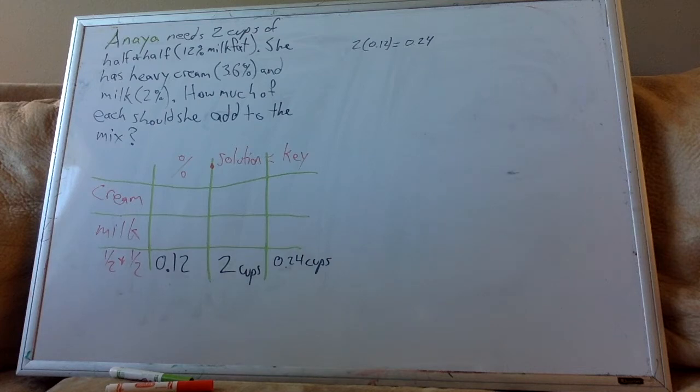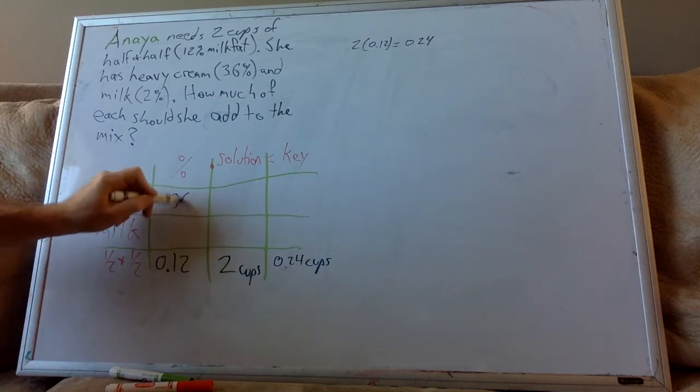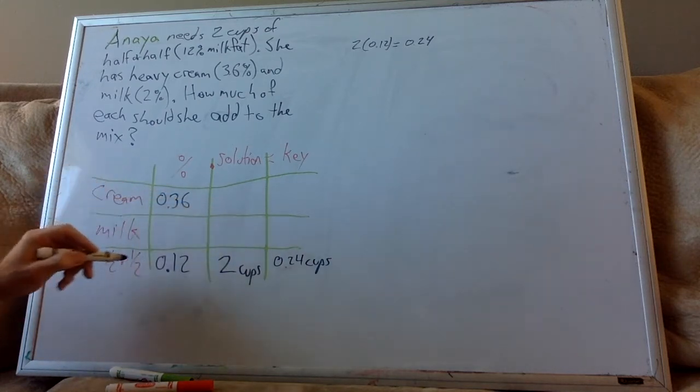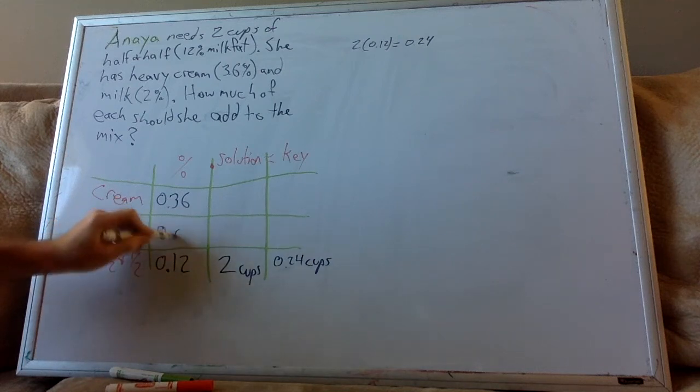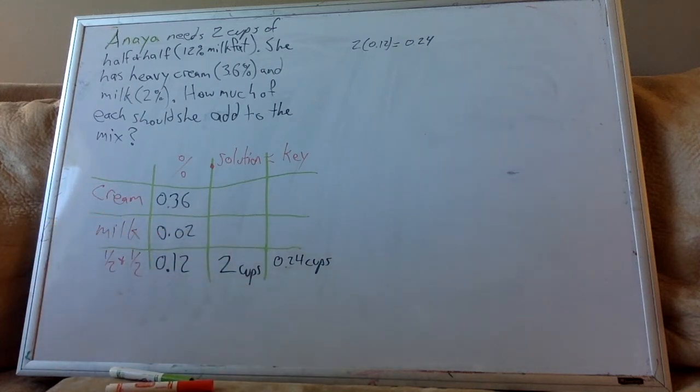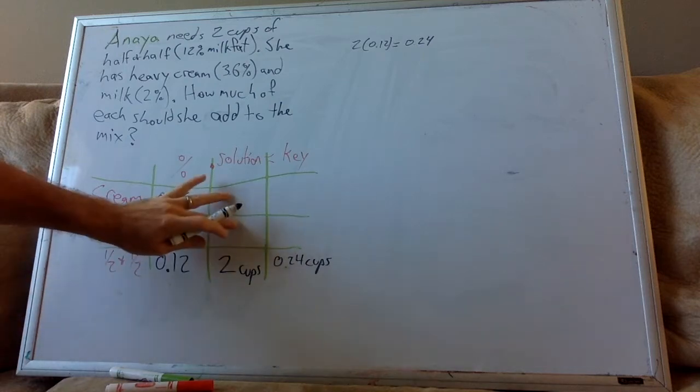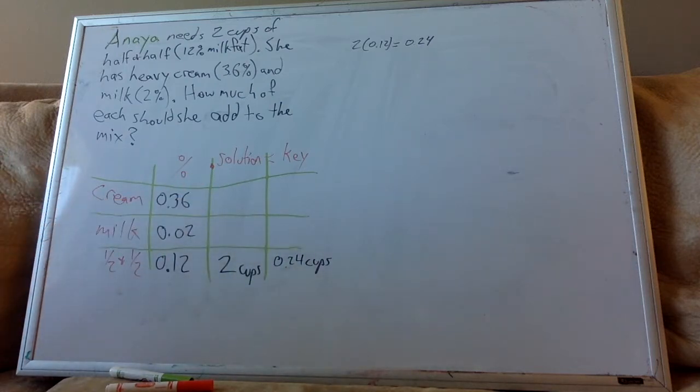So we also know a few more things. We know our cream is 36%, and we know our milk is 2%. We don't know how much of each of these we're going to put in.